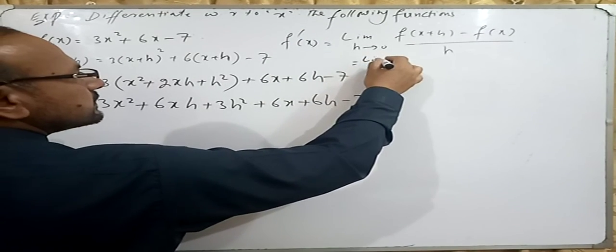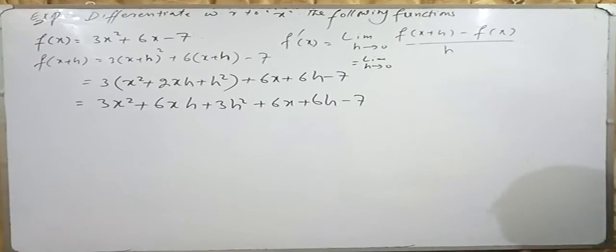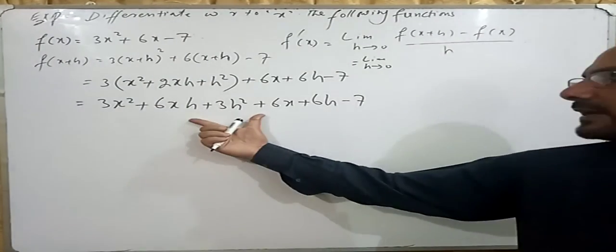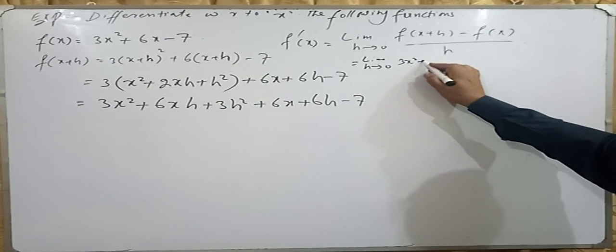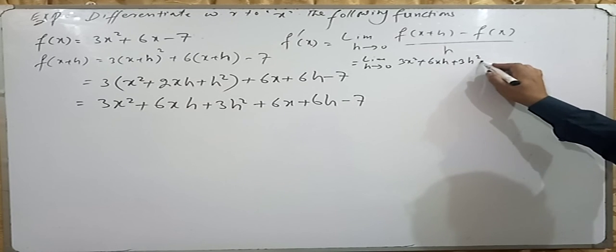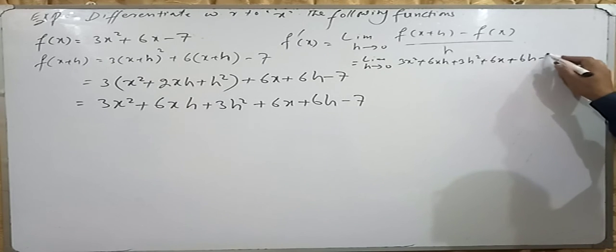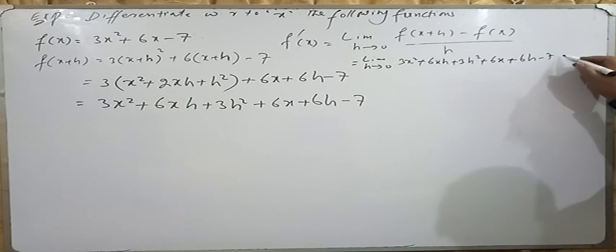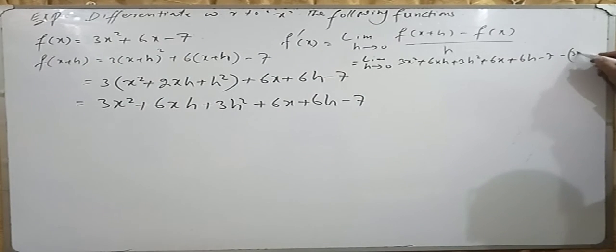Limit h tends to 0. Here, instead of f of x plus h, you will put this value. So we get 3x square plus 6xh plus 3h square plus 6x plus 6h minus 7 and minus, here you will put the value of f of x, which is 3x square plus 6x minus 7.